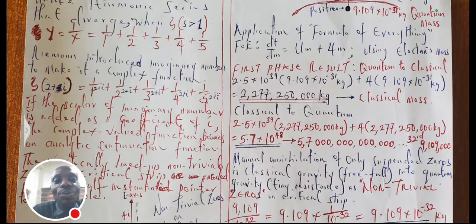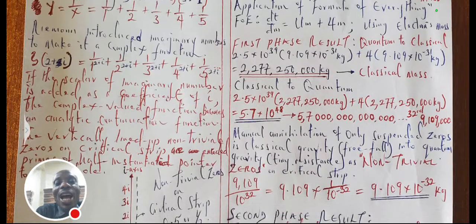And so we then have it to be like this. So what Riemann did was, if we could have 1 all over 1 raised to power 2, then 1 all over 2 raised to power 2, why can't we have it to be 1 over 2 raised to power 2 plus i? You understand?